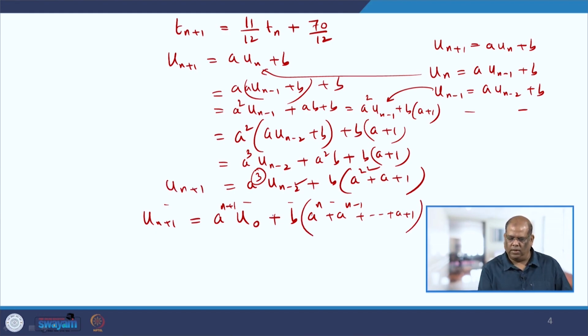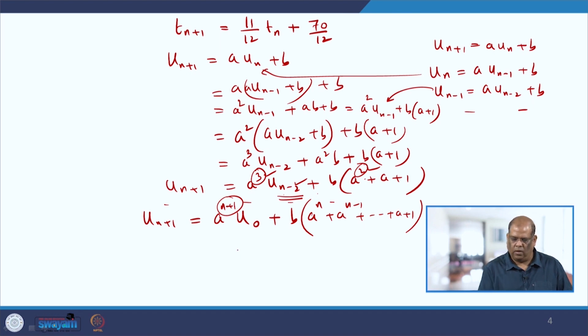So, you generalize it like this: if this has to be 0 and then this becomes 3, then this is 2, so 1 less. So, if I put this as n plus 1, this will be u0 and this will be n, 1 less than this.